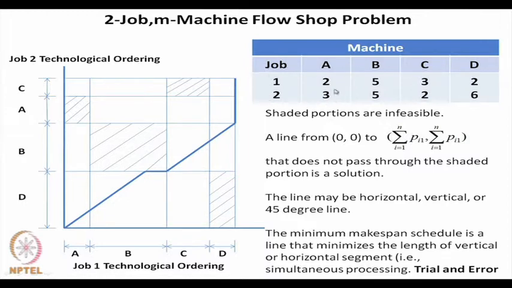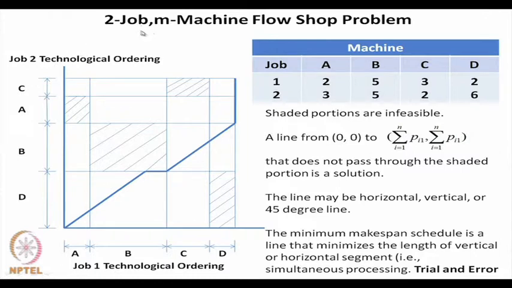Job 2 requires 3 hours, 5 hours, 2 hours and 6 hours. However, the sequence of the jobs is different. Job 1 has a sequence of first machine A, then B, then C and then D, whereas job 2's technological ordering is first D, then B, then A and then C.